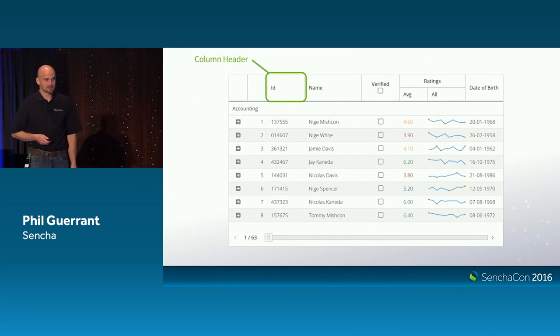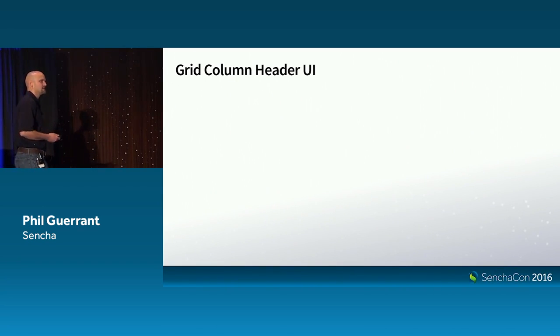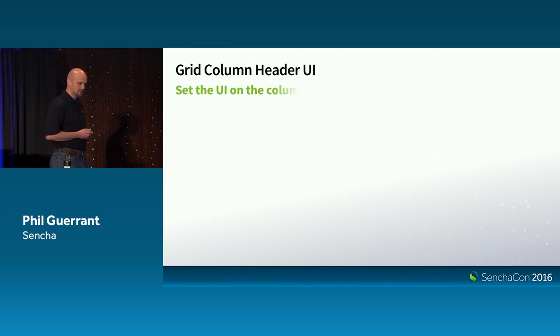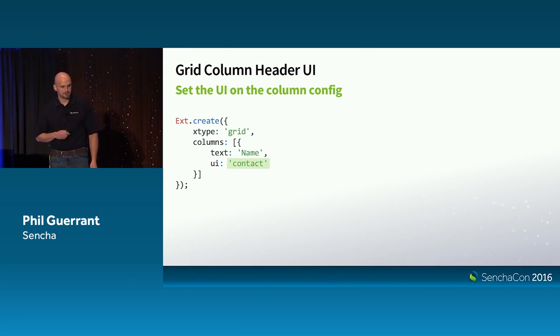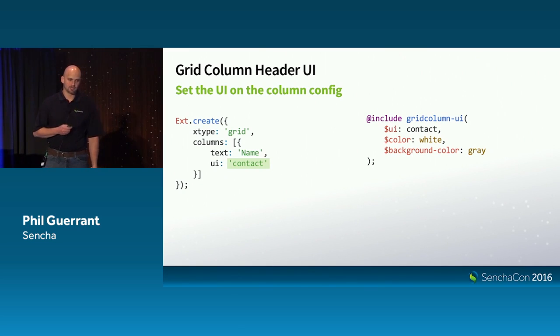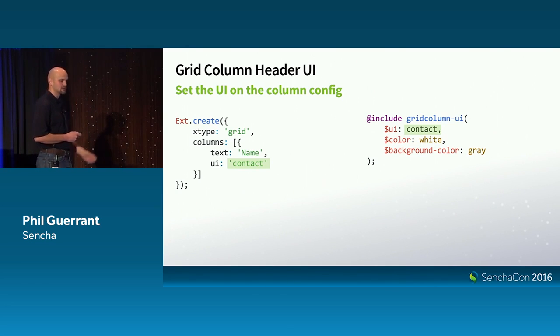How about column headers? Well, I'm sure you all know grids have a columns array, which contains a list of config objects for columns. So we can set the UI for our columns right on there. And we can invoke the grid column UI, which happens to be the X type of those columns, passing along the UI name and changing its properties.